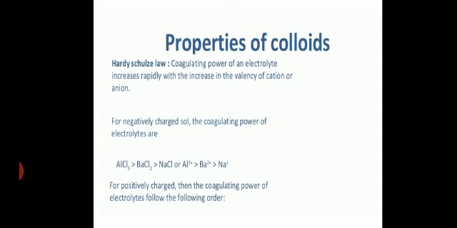Now the second point is much more important. Greater is the valency of the coagulating or flocculating ion, greater is its power to bring about coagulation. Suppose you have Na+, Ca2+, Al3+. Al3+ will have greater coagulating power than Ca2+ and Na+.